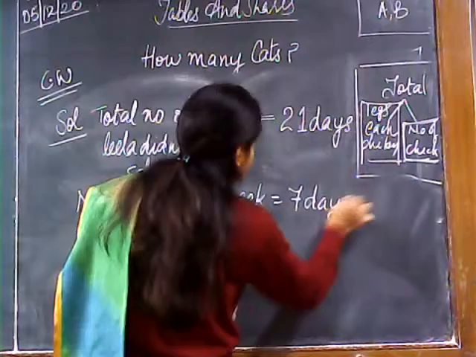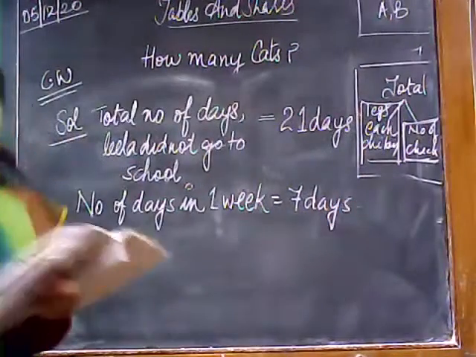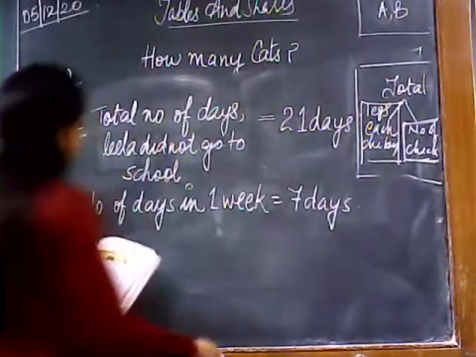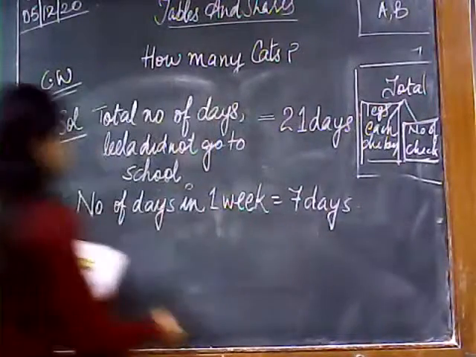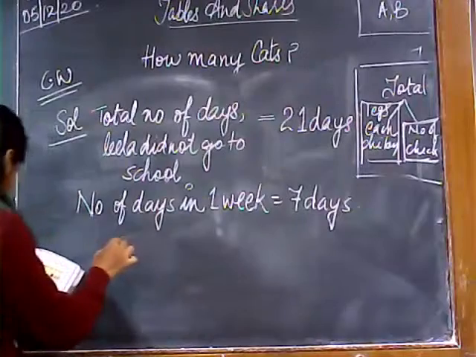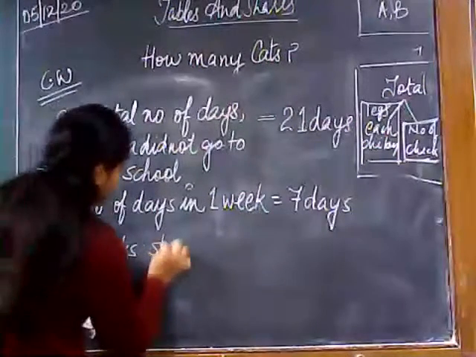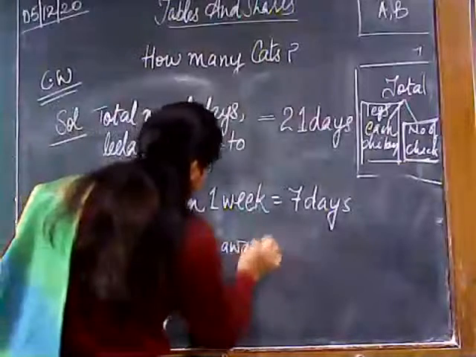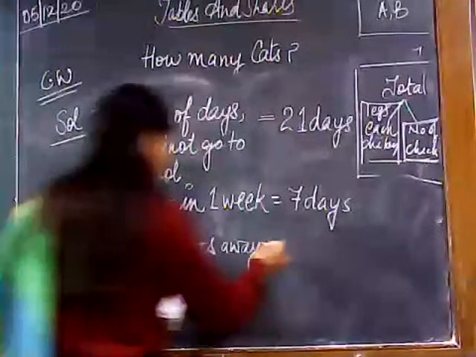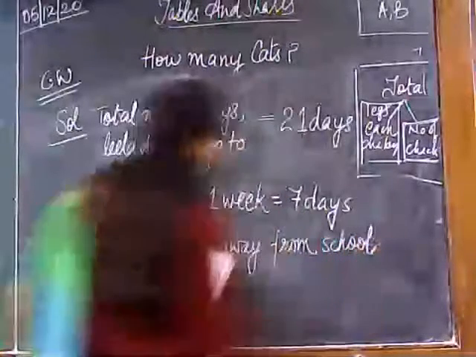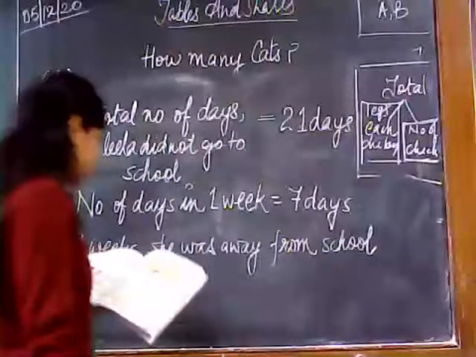So the number of days in 1 week is 7 days. So she was away from school.